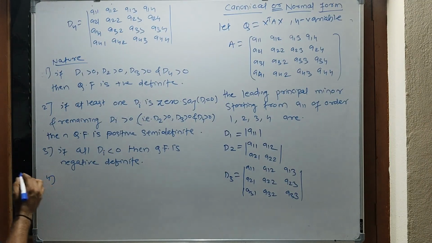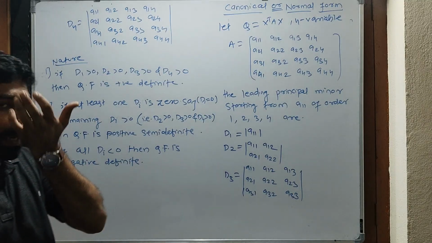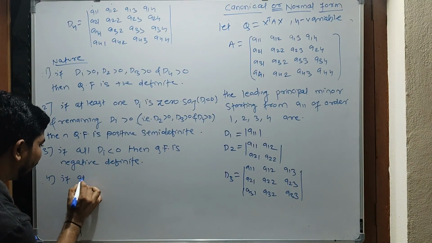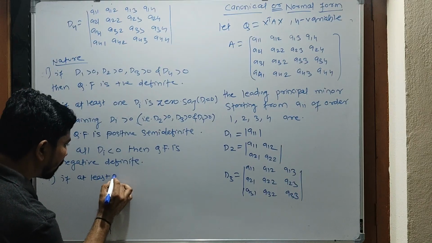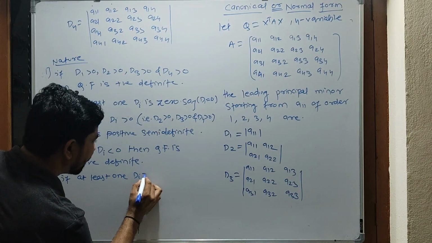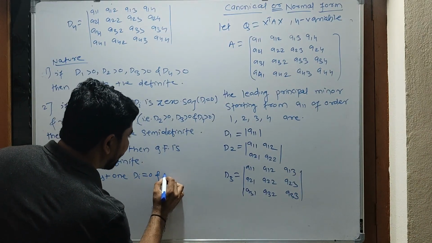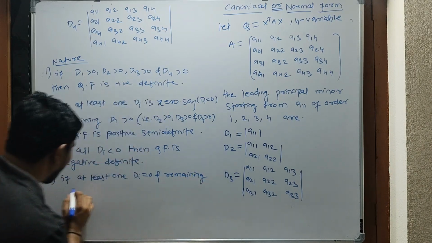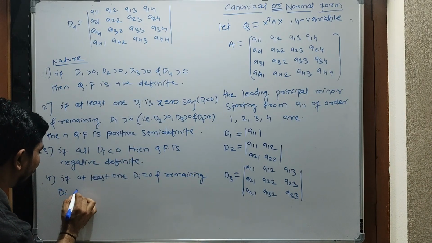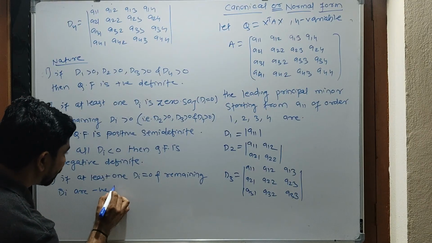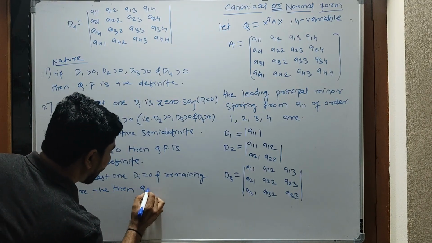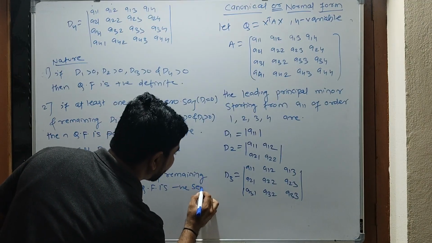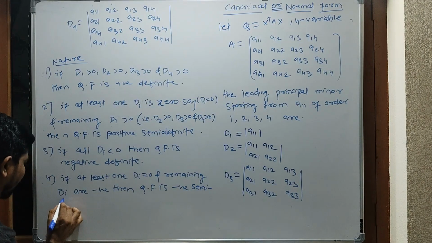And fourth, if at least one di is 0 and the remaining di are negative, then the quadratic form is negative semi-definite.